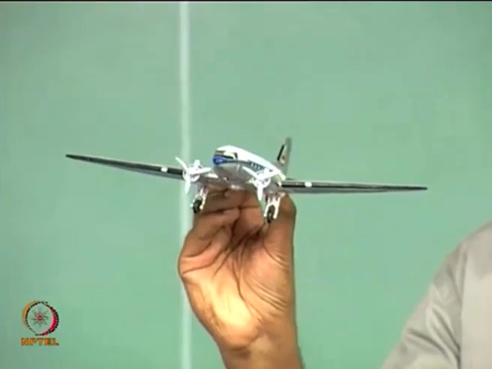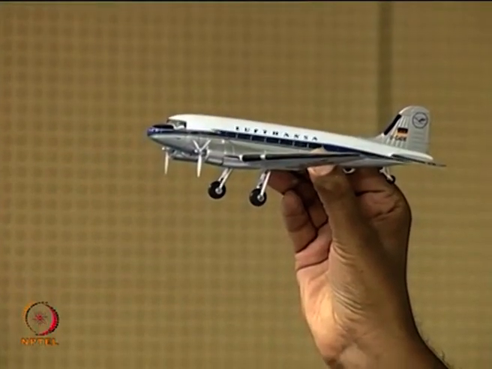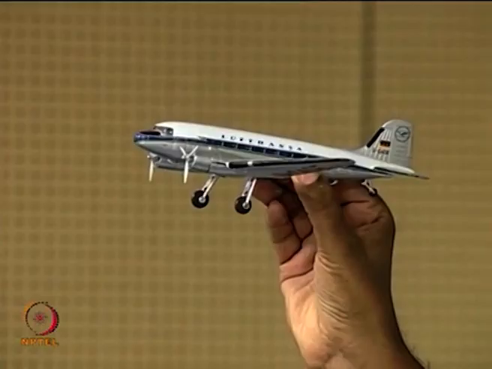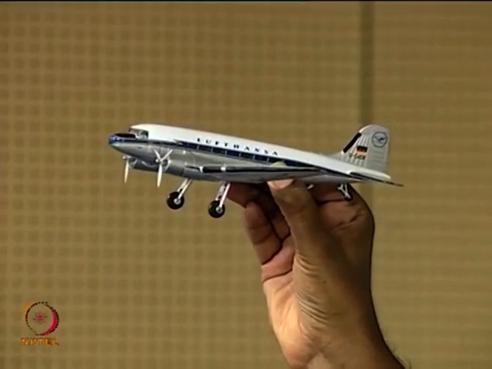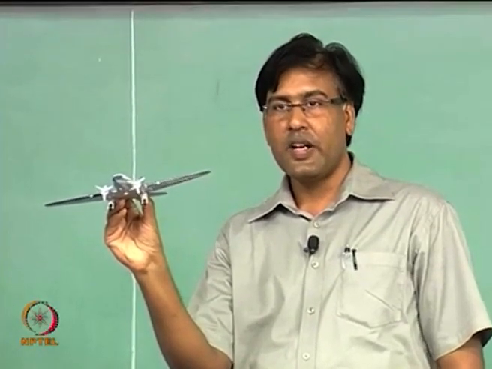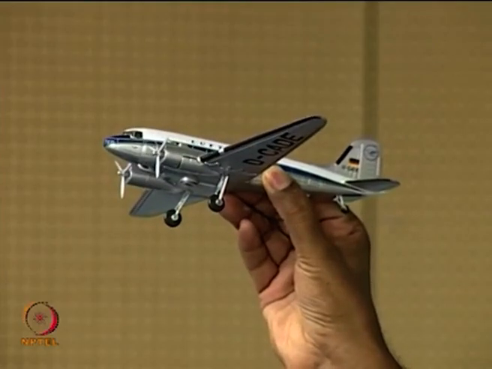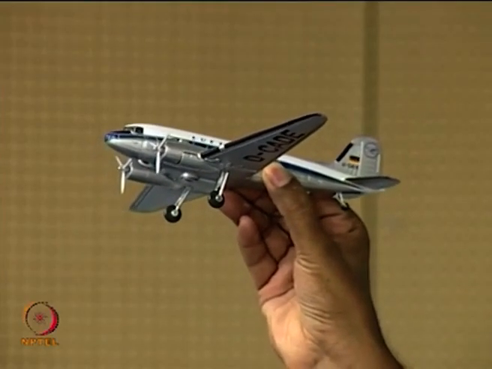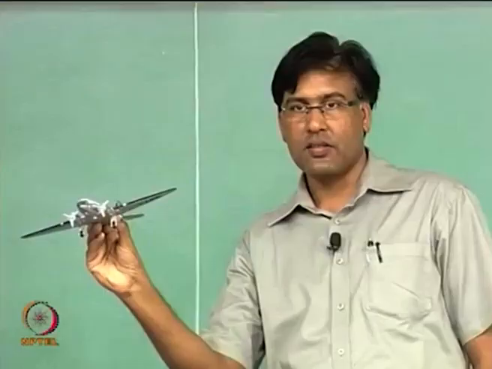Now, let us say there is a roll upset. So, there is a velocity which upsets the roll somehow, and then it banks. It is a small bank. So, it will start side slipping.